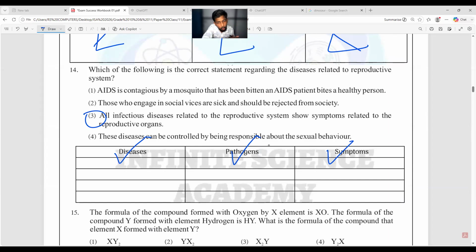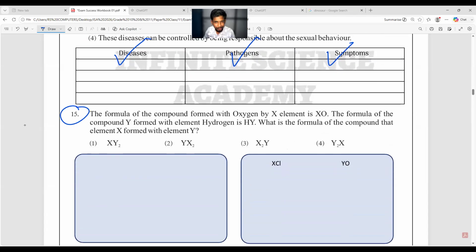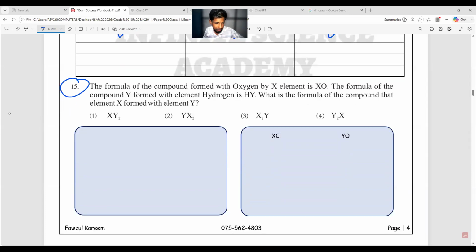So we can't say all the diseases related to the reproductive system cause the effect only in the reproductive organ. Question number 15 was a complicated question, and we have discussed it, but I know some of you definitely didn't get it. It's okay, fine, because it is a little bit complicated.